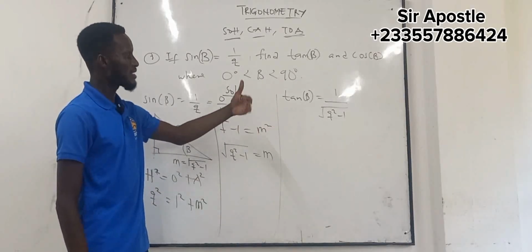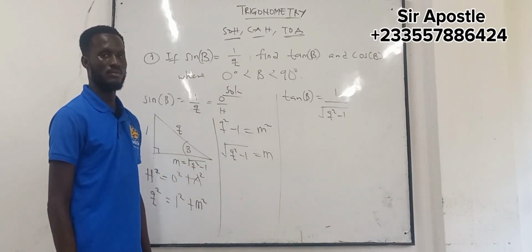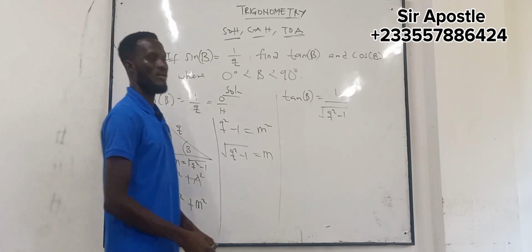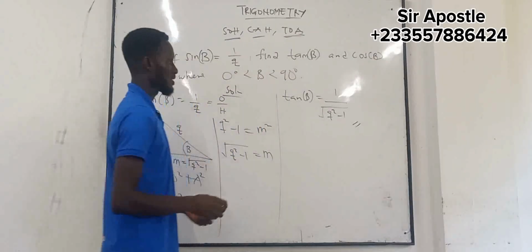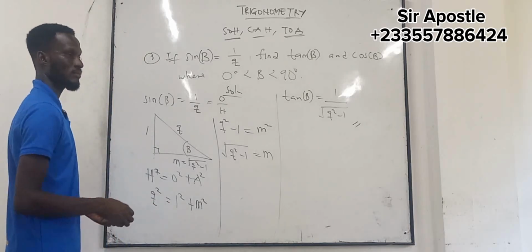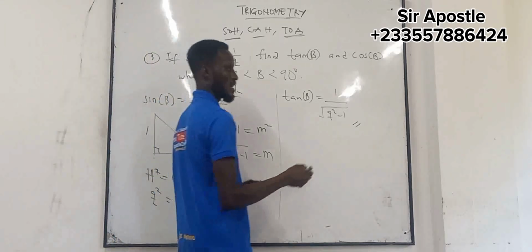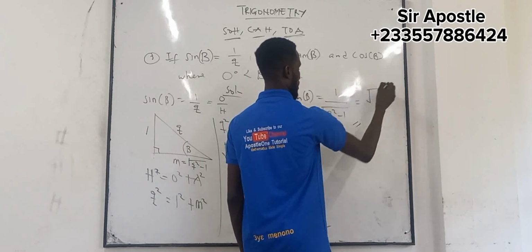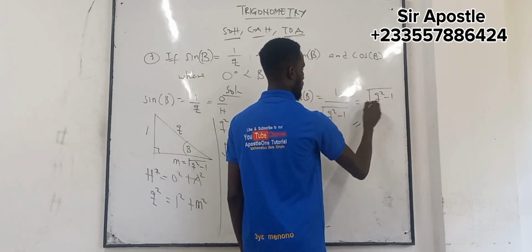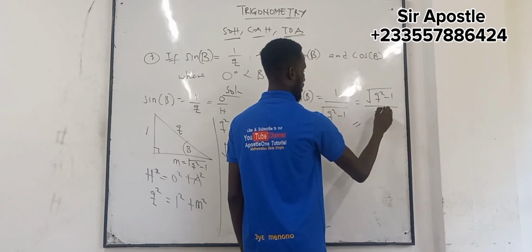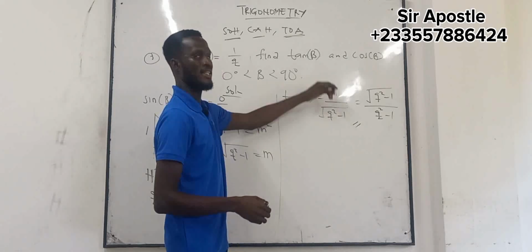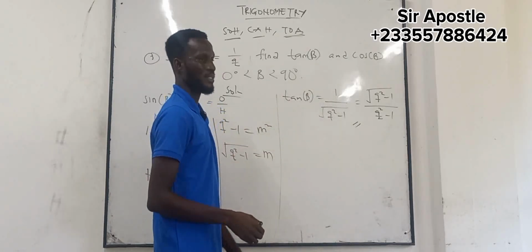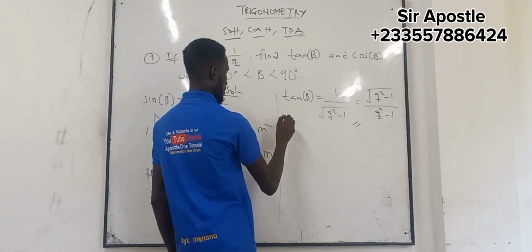If you want to rationalize, you can, but I will leave the answer here. If you rationalize, you multiply the numerator and denominator by the denominator and you get the root of Q squared minus 1 divided by Q squared minus 1.